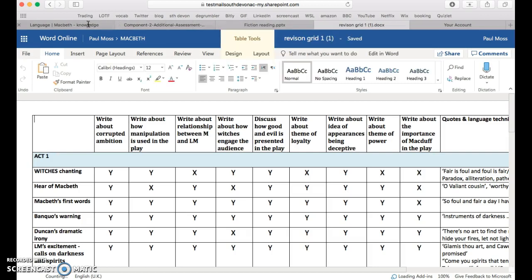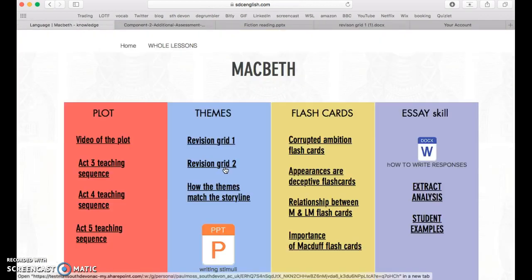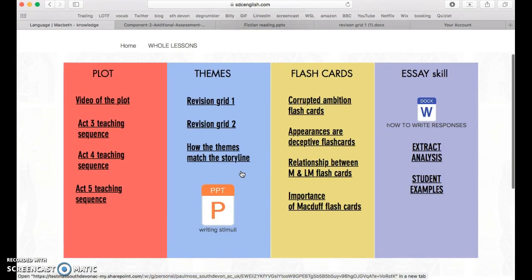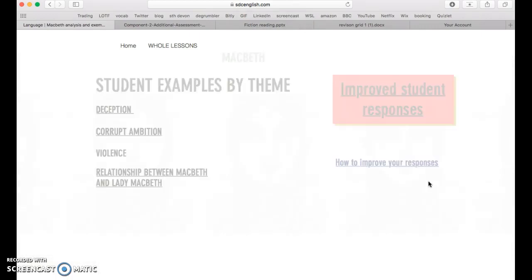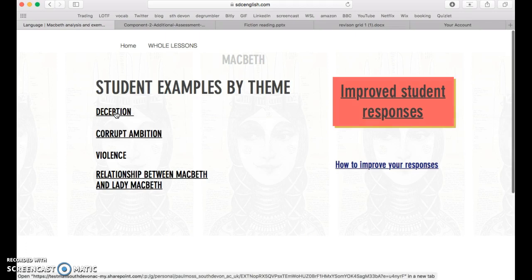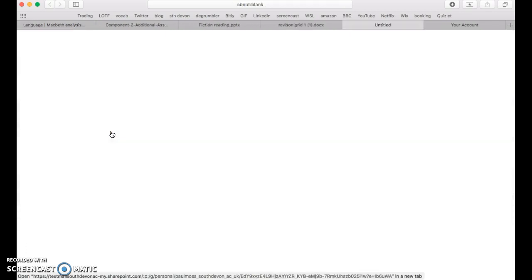If they don't, once again, we come over to the student examples in each particular text, and your child can have a look at how other people have gone about answering questions on these particular themes.